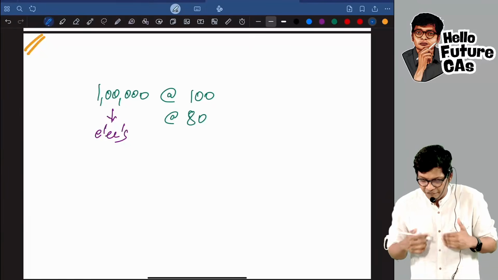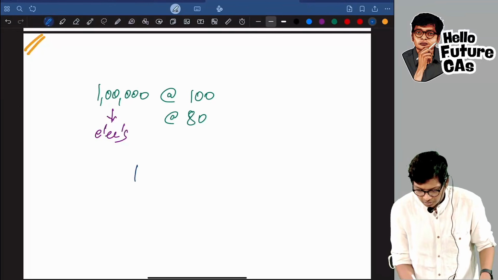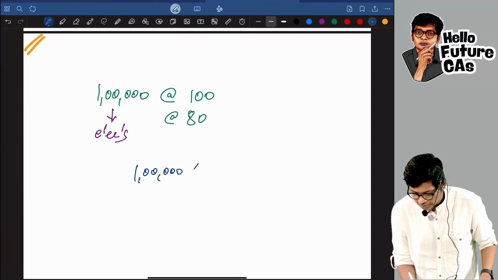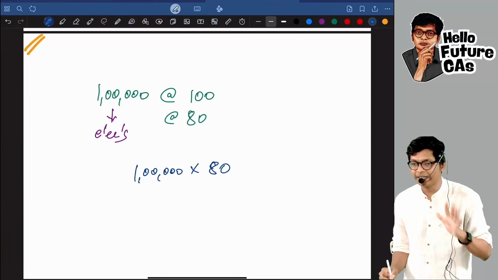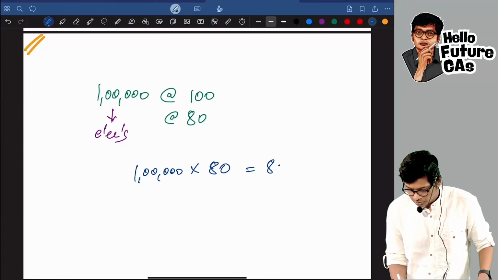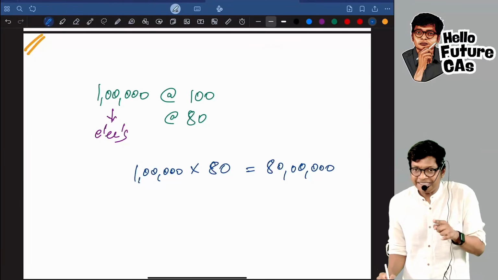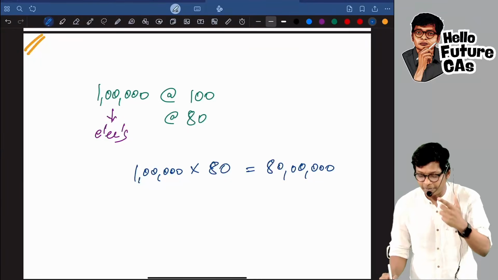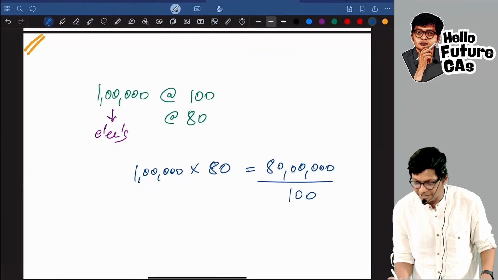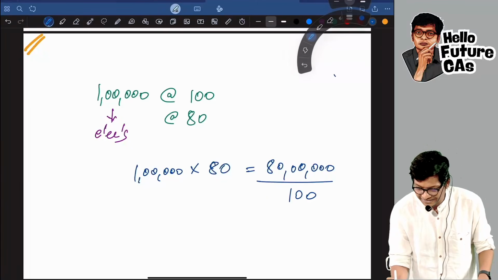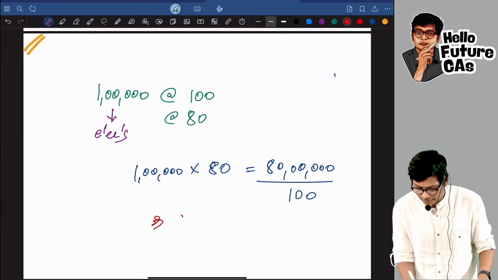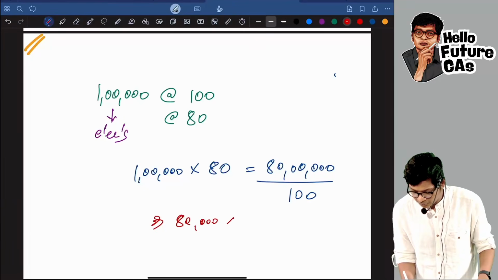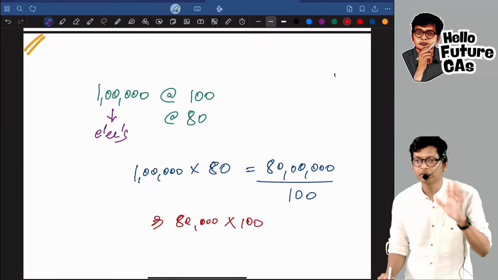Effectively how much did he pay? 1 lakh into 80 only he paid. How much is that? 80 lakhs, correct? This same 80 lakhs, if I am getting it from somebody in the public, they will pay me 100 rupees per share. That means, can I say, effectively, the employee is paying only 80,000 into 100, correct?